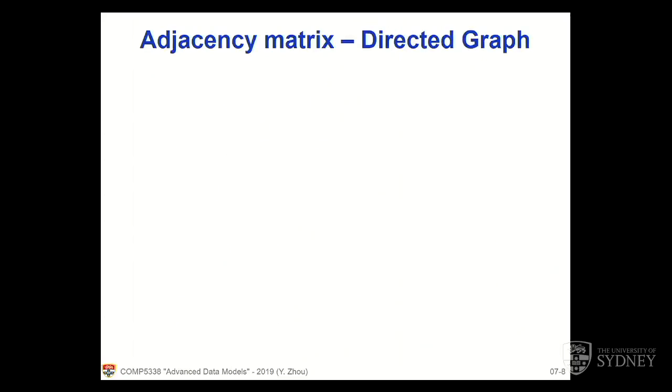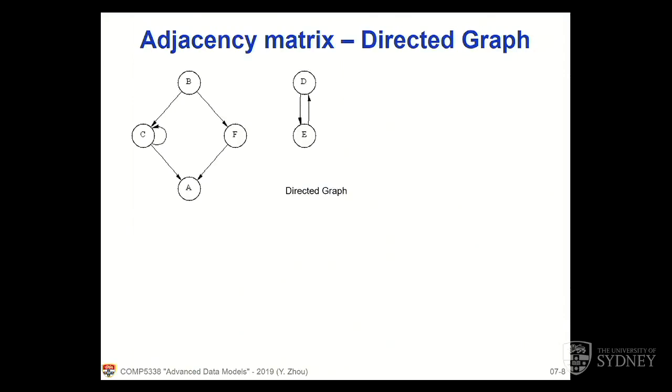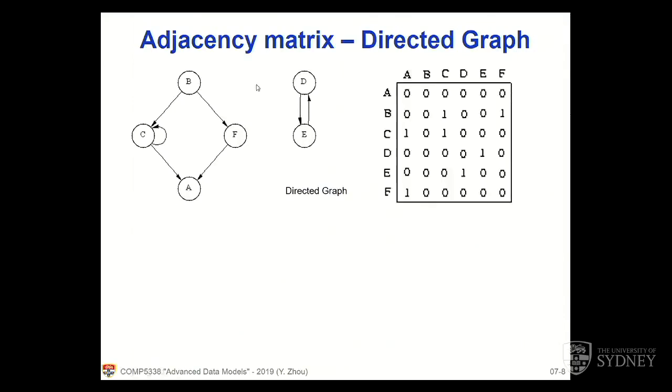And another one is called adjacency matrix. Let's see the adjacency matrix for a directed graph. It's a matrix, and the dimension of the matrix depends on how many nodes you have. So here, with A, B, C, D, E, F, it's a matrix whose dimension is 6 by 6, and here the row means the source, and the column means the target.